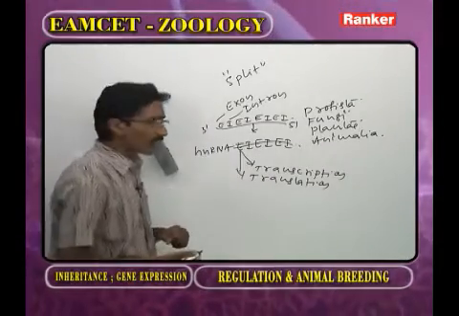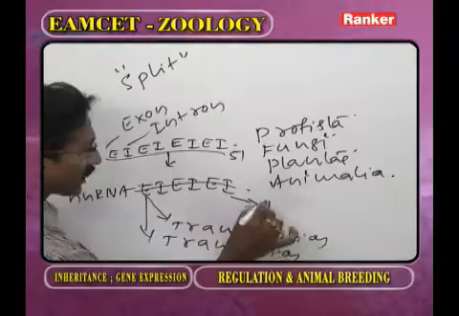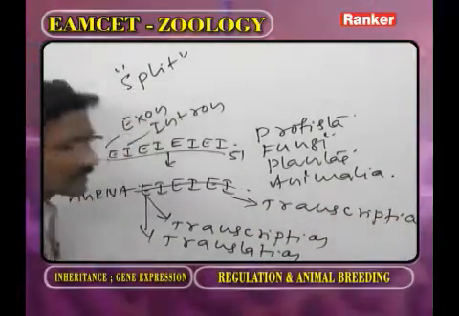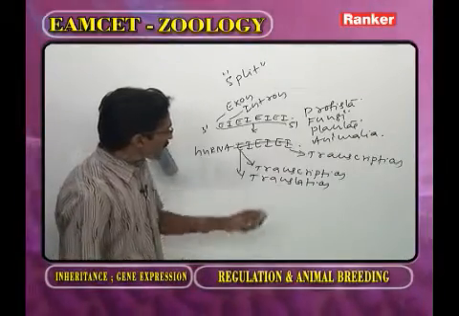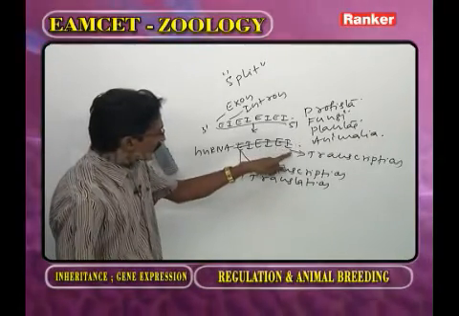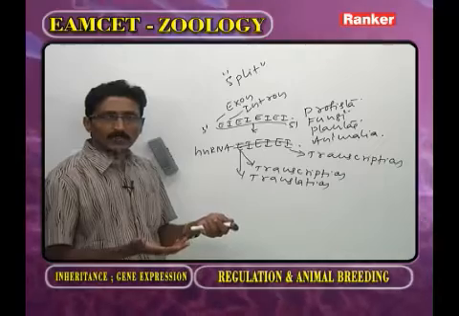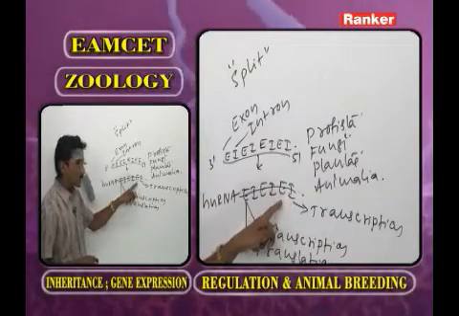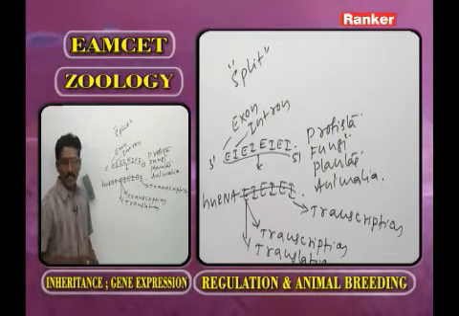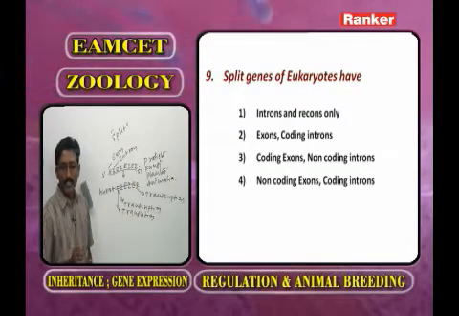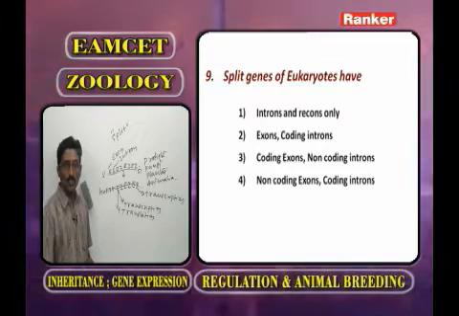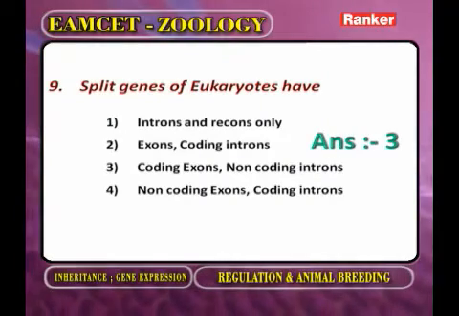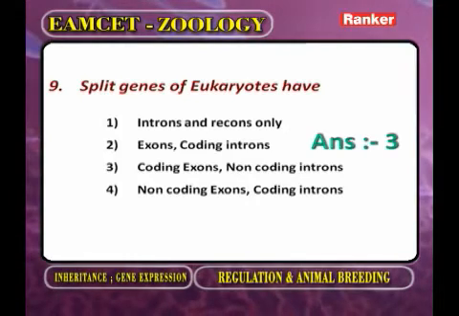Now what about the intron? The intron performs only transcription but not translation. So here in eukaryotes, intron genes are not helpful for coding the proteins. So introns are non-coding, exons are coding. So the answer is 3. Next question.